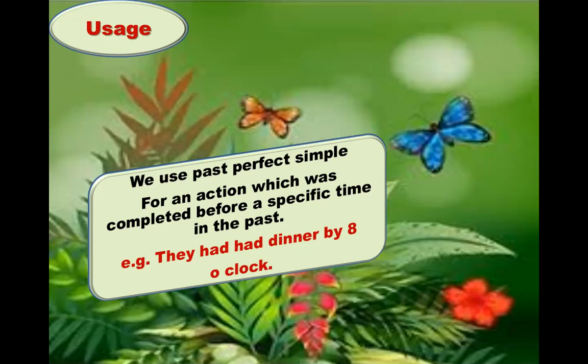The first had is the helping verb of the past perfect, and the second had is the main verb of the sentence. It is like when you say in the present tense, I eat a sandwich every day, or I have a sandwich every day. They are the same. Here have equals eat, so here had equals eaten. Okay, did you get the point, Jana? Yes, thank you. You're welcome.